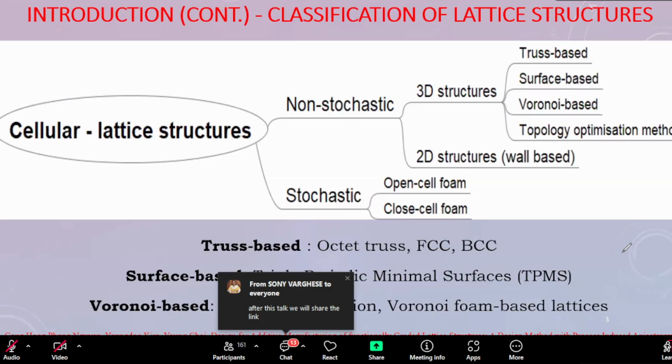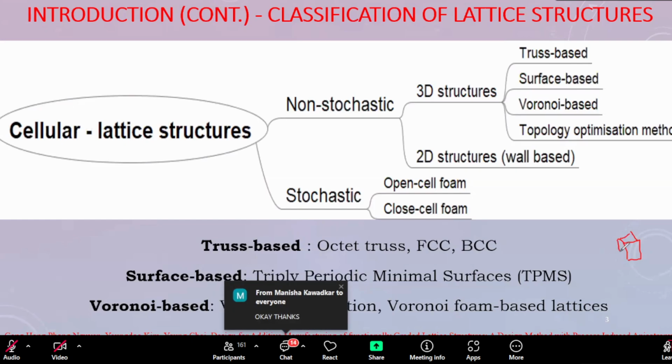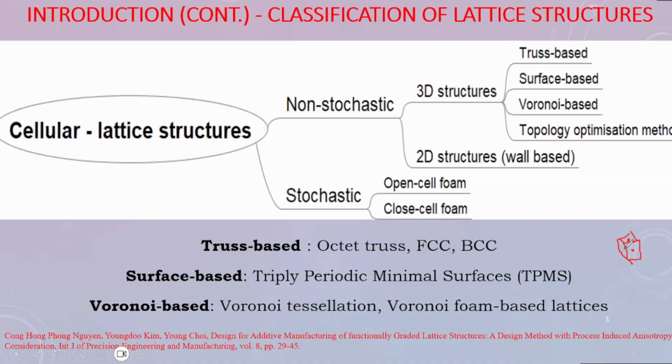If you have a unit cell like this, and if you have atoms present in all the faces, then it is called a face center cubic, right? And body center cubic, everything you know, right?